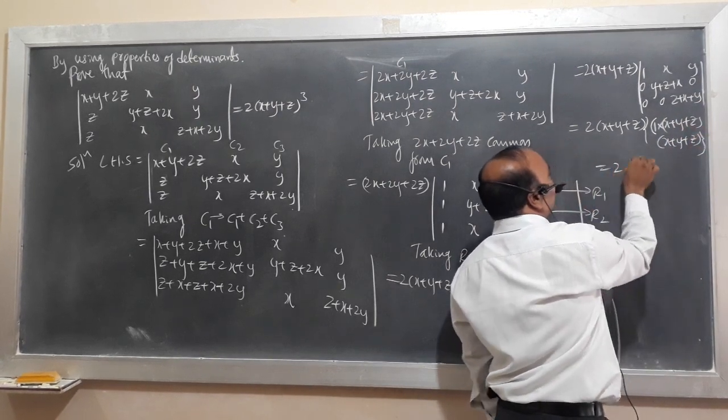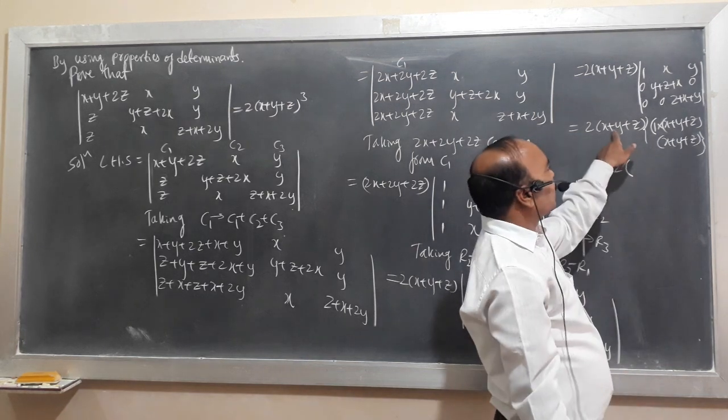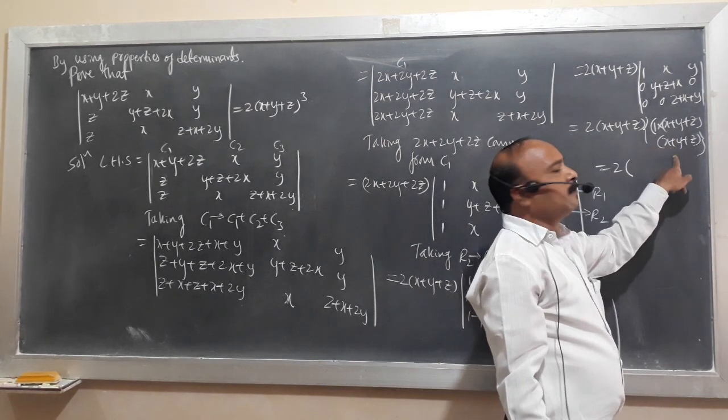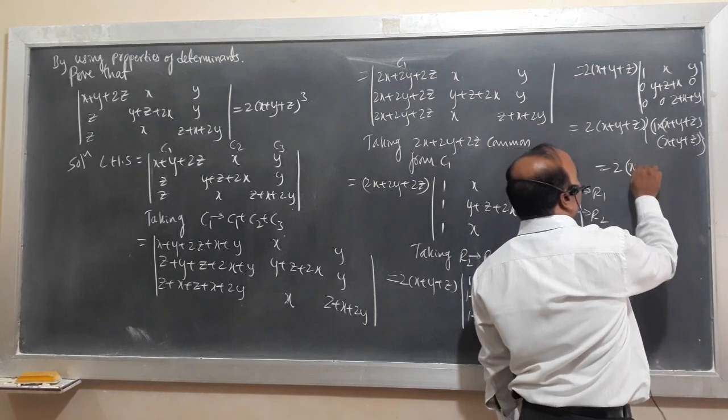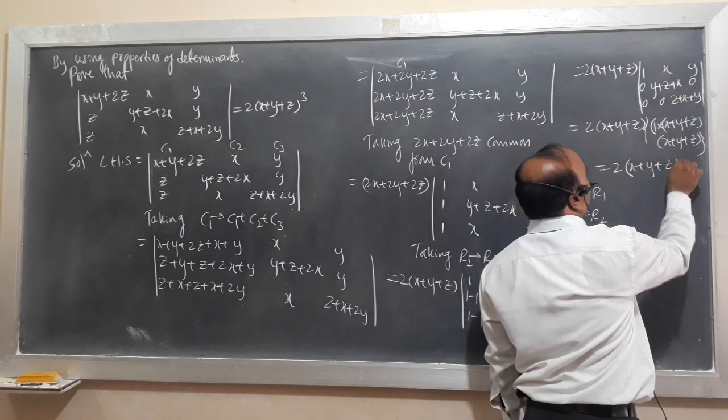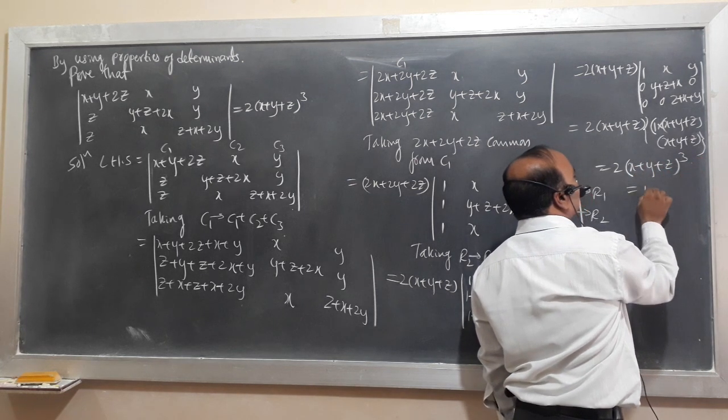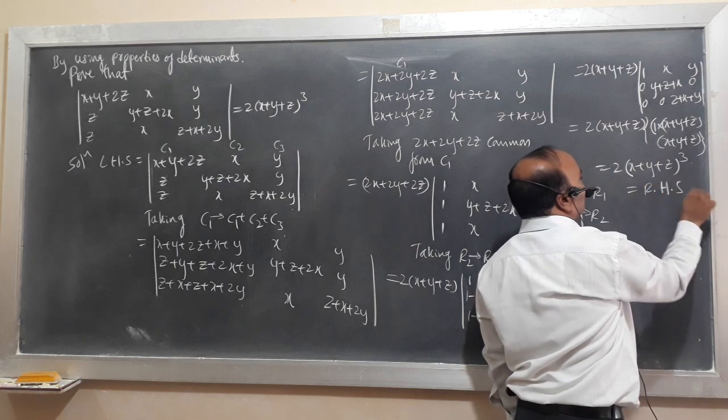Now we get 2 times x plus y plus z, three times in total, so it is (x plus y plus z) whole cube. This is equal to RHS.